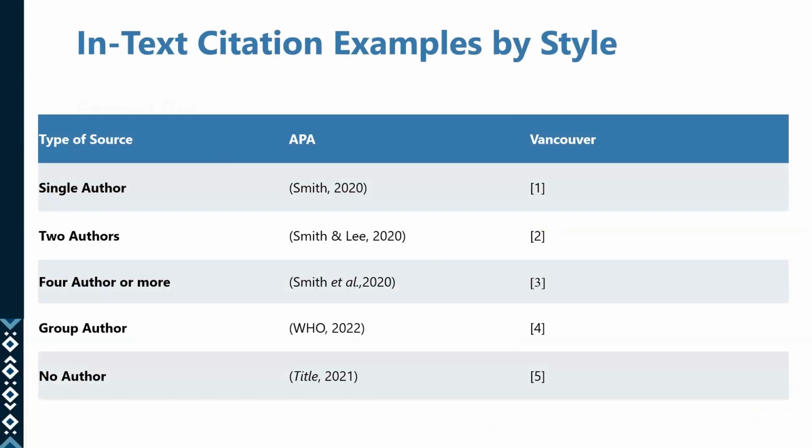Here is an example of in-text citation, depending on the type of source, using two different styles: the APA style, American Psychological Association style, and the Vancouver referencing style.